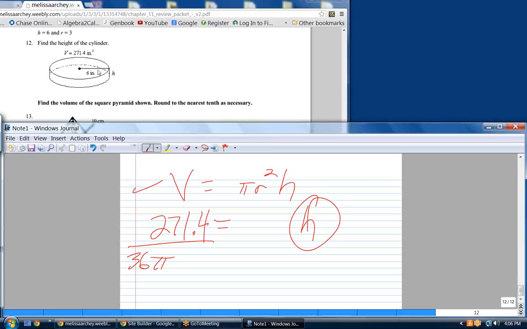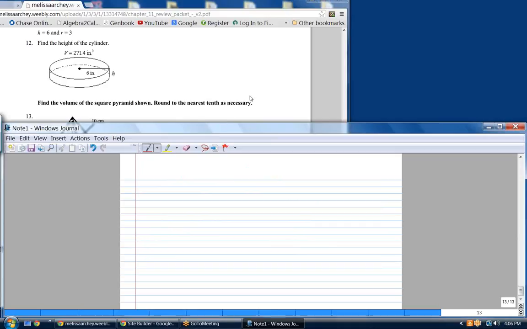Then we could figure out the radius by doing the same thing. It'd be a little harder to solve for radius because we're going to have to take the square root of both sides at some point, but not really any harder. As long as they give us 2 out of the 3 variables, we'll be able to solve for the third one, no matter which one it is. All right.